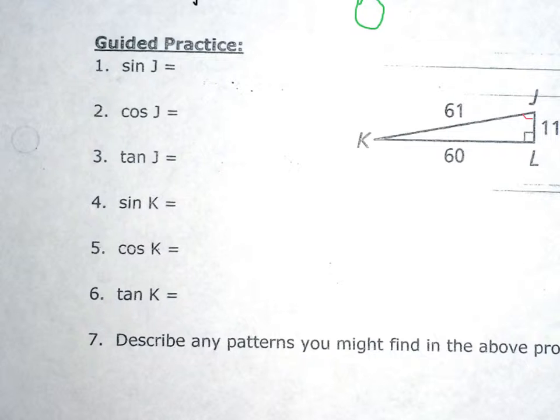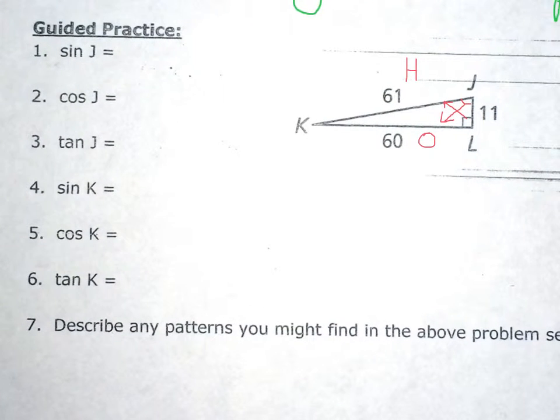Across from the angle J, what letter should I put on that? The O, because that's the opposite. Across from the right angle should be the H. And right next to J should be the A. Okay, so you label your triangle first.